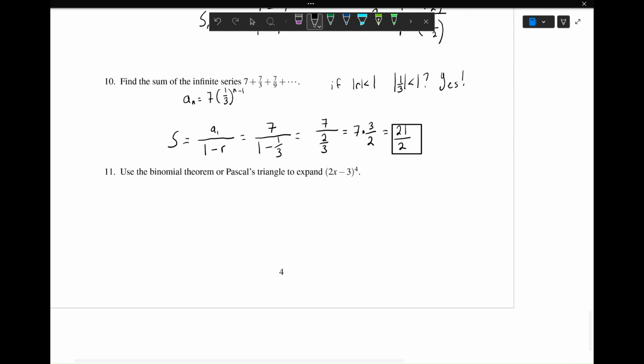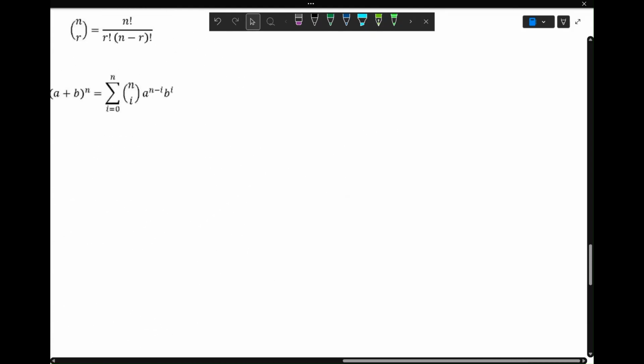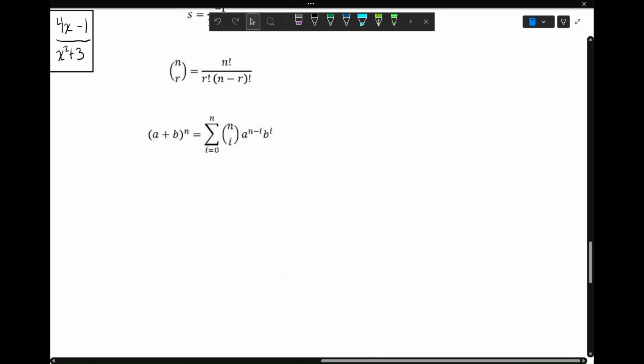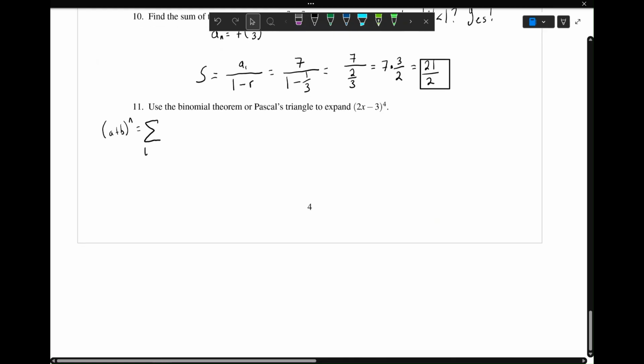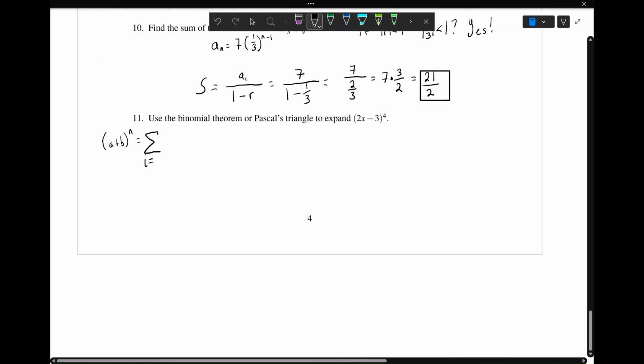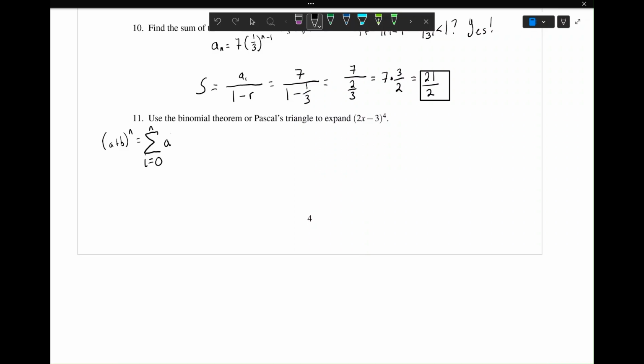Remember, though, that our binomial formula says that (a plus b) to the n power is the sum from, let me make sure I match the formula here, they use i's here, i equals 0 to n of a to the n minus i power times b to the i power.